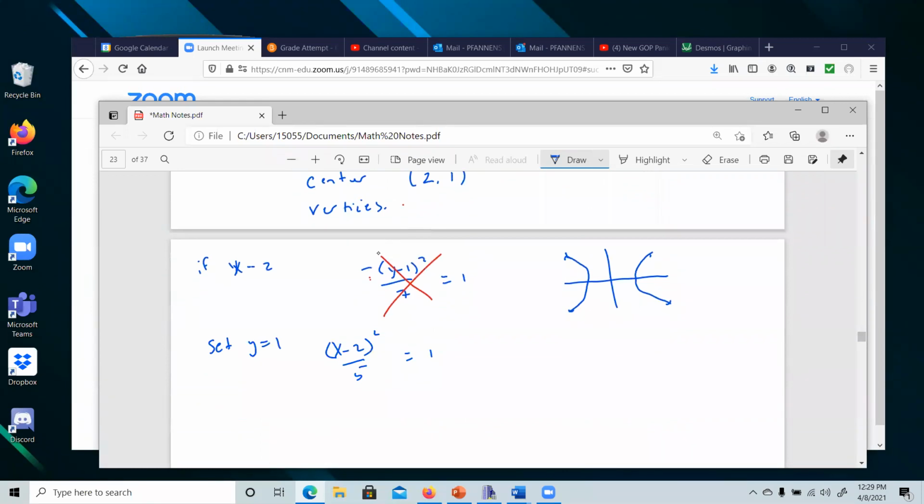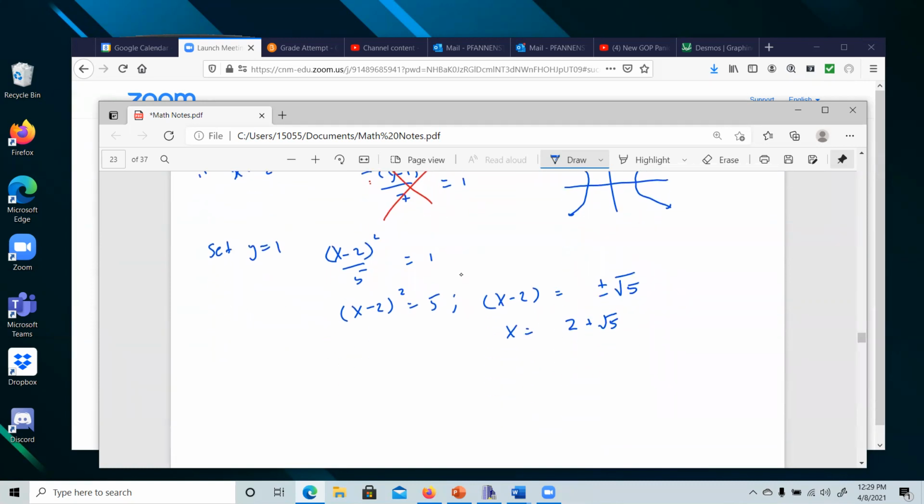So here we have x minus 2 squared is equal to 5. Then we'll have x minus 2 equals plus or minus root 5. And x will equal 2 plus root 5, or 2 minus root 5. Okay.